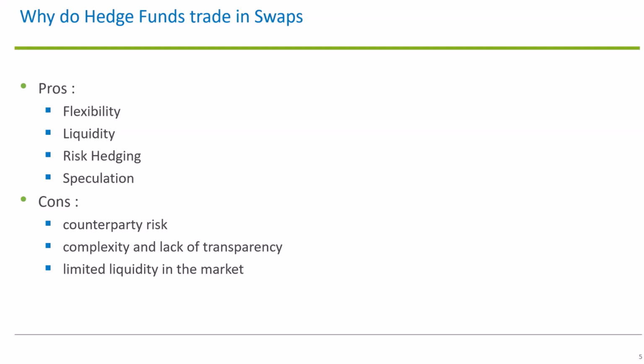And then lastly, speculation. Because swaps require little capital upfront, they give fixed income traders a way to speculate on the movement in interest rates while potentially avoiding the cost of long or short positions in treasuries. So this is a great way to go for the speculation.